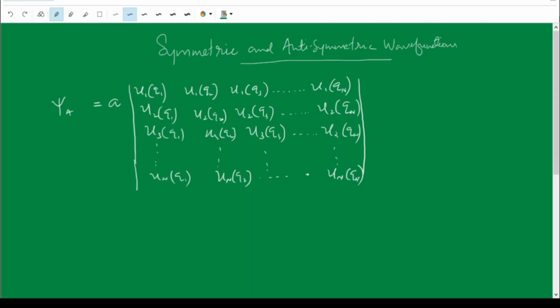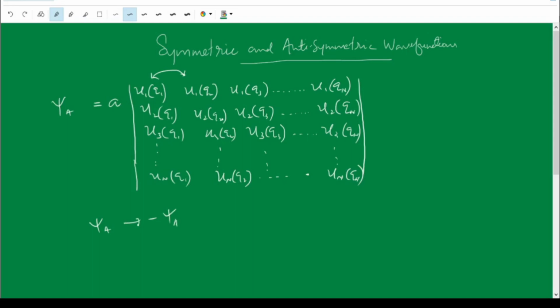Now let us assume there is an interchange of arguments of the first and second particle. When we interchange a pair of particles, what happens? The respective columns get interchanged. This column comes here and this column goes here. So psi A becomes minus psi A. If you change a pair of particles, the function gets a negative sign.